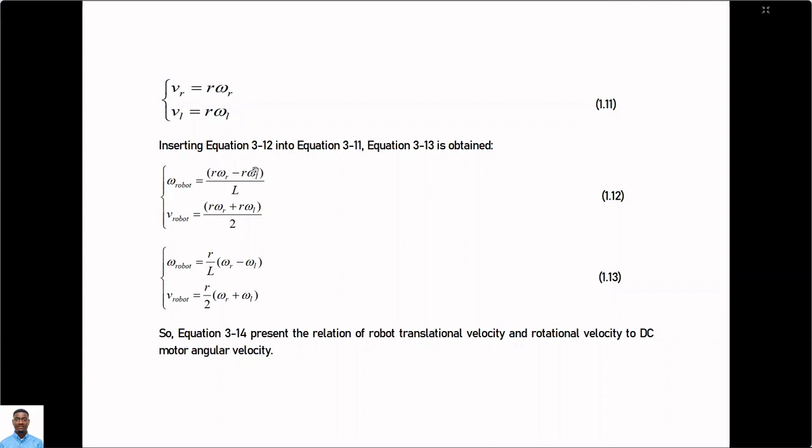If we simplify this further, we have R over L, omega R minus omega L, which is what we have here. And if you also simplify this, you have R over 2 into omega R plus omega L. So that is just the model for the velocity of a differential drive mobile robot as explained here.